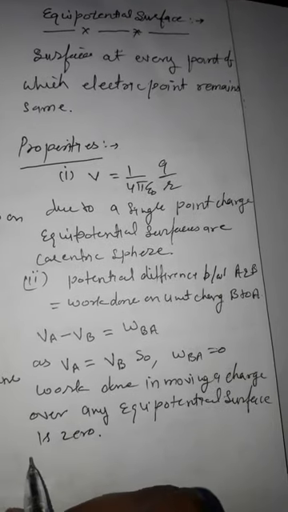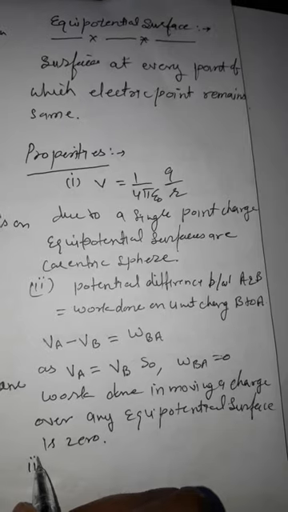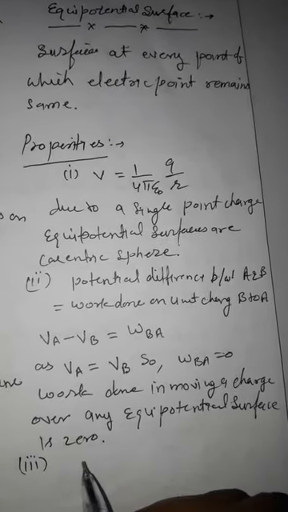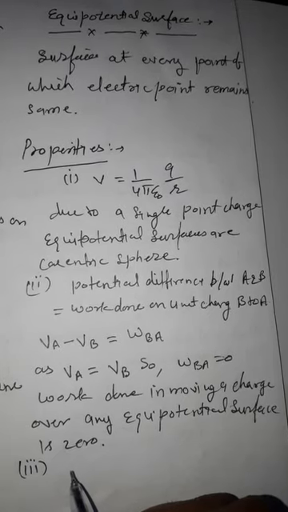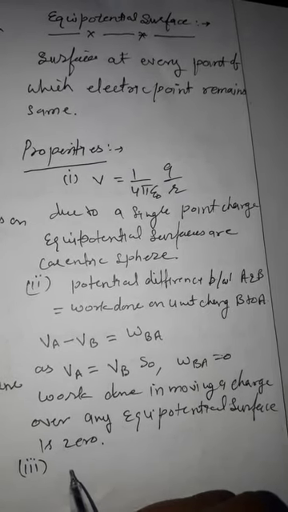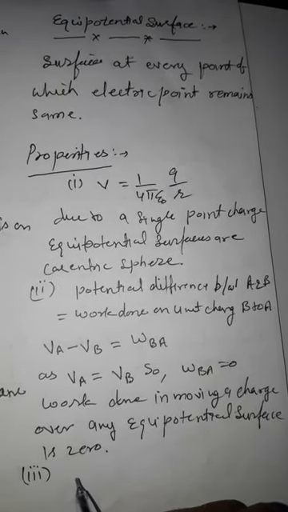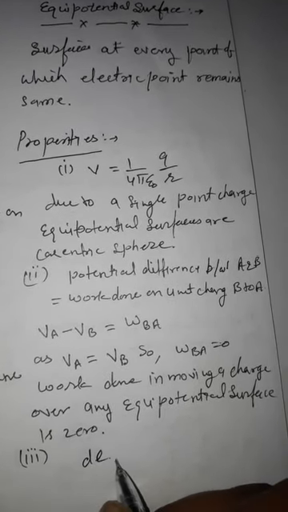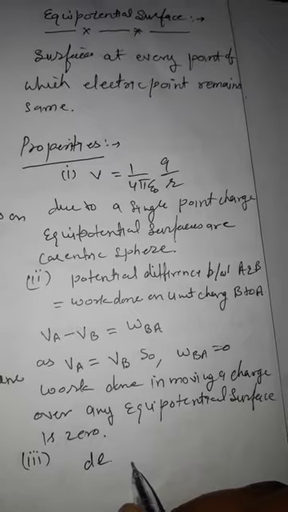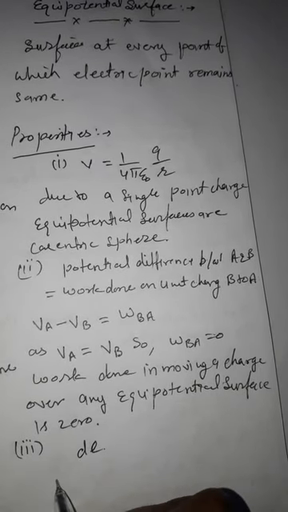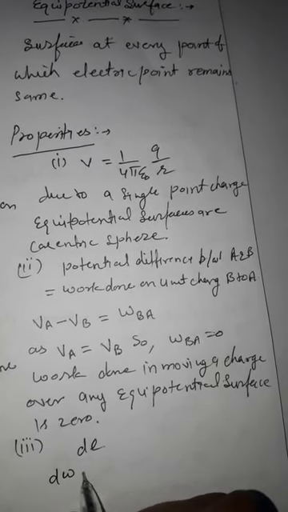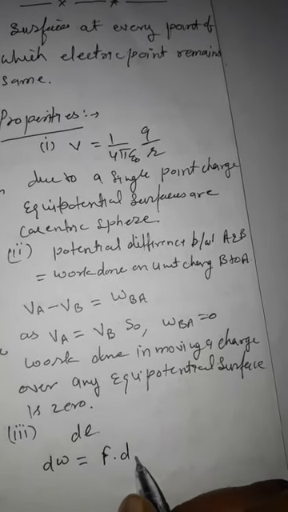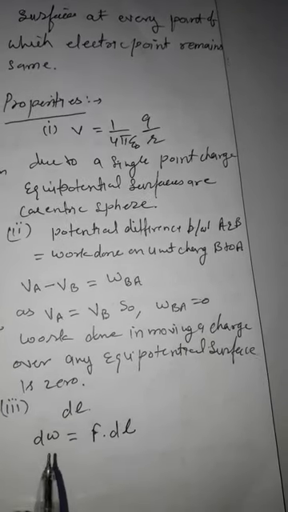The third property is that, if a point charge is moved a distance, say dl, over an equipotential surface, the small work done dW must be equal to force into distance.